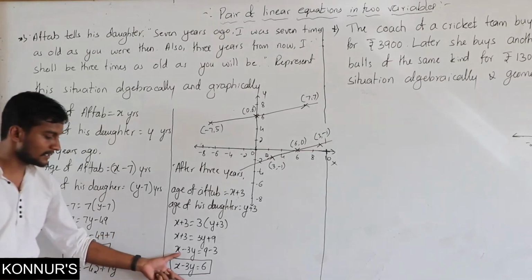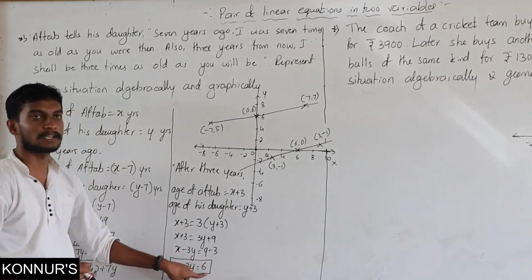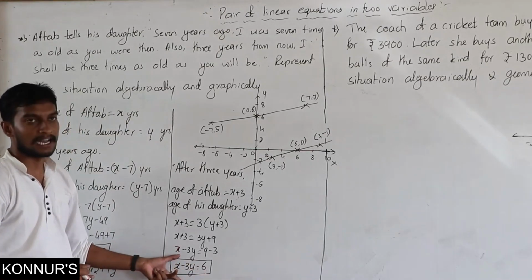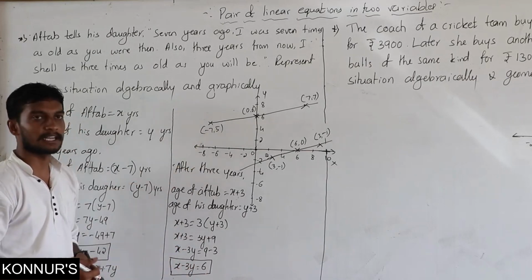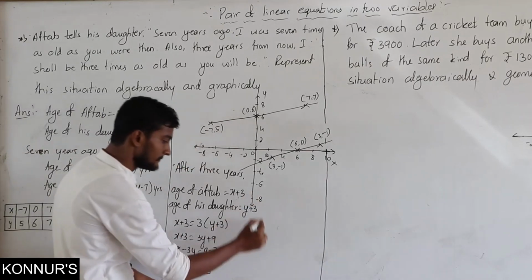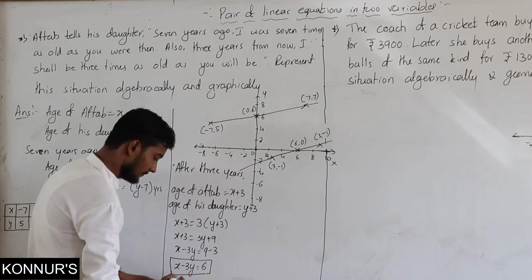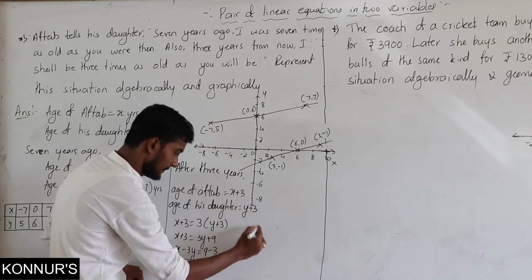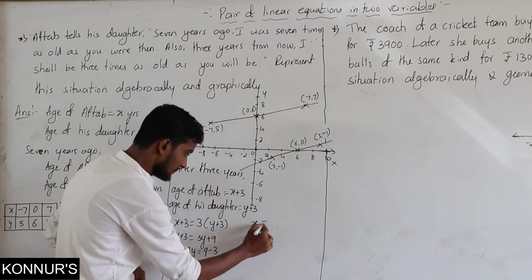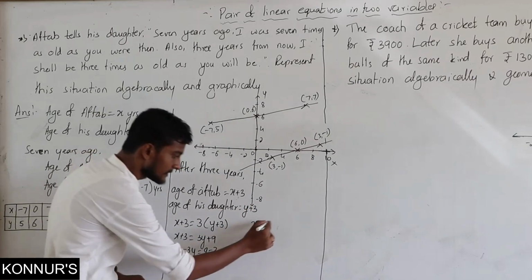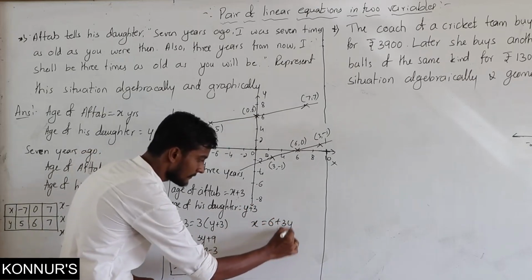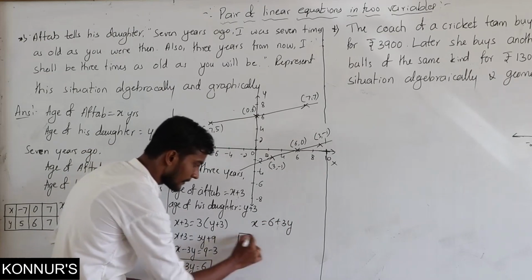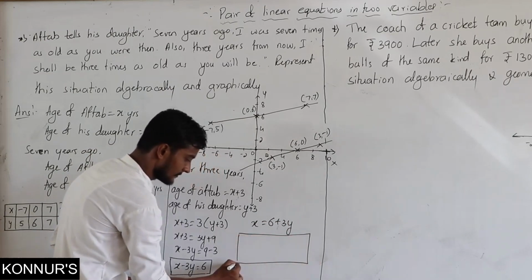And if you take this equation, x minus 3y is equal to 6, already we got it algebraically. Now we have to show it graphically also. So what are you getting? Here, if you simplify this, you are getting x is equal to minus 3y. If you take this side, 6 plus 3y, and we have to find the values.